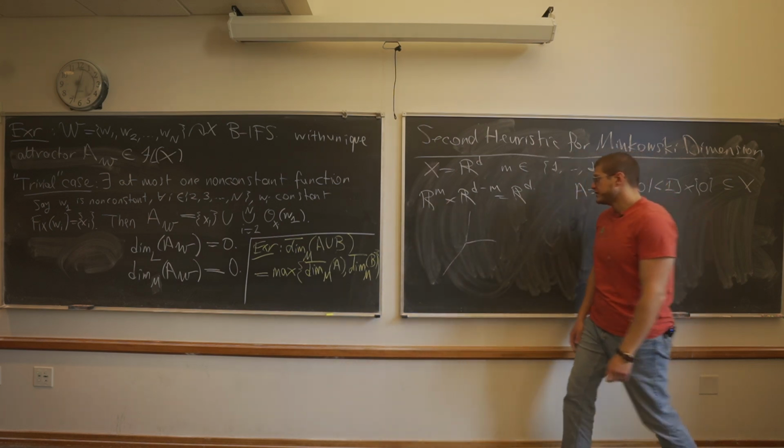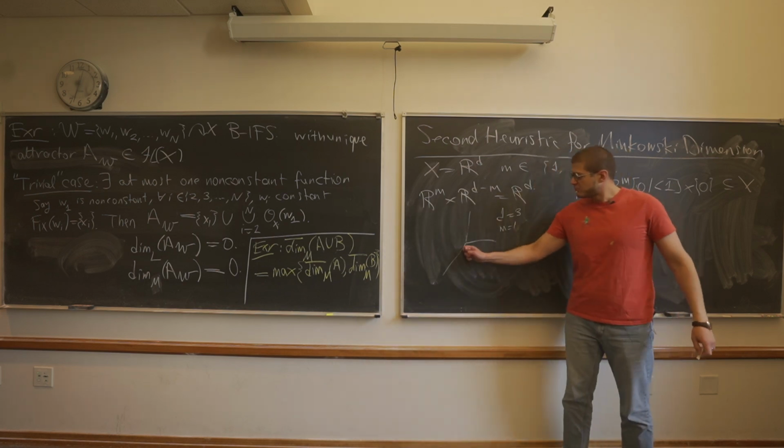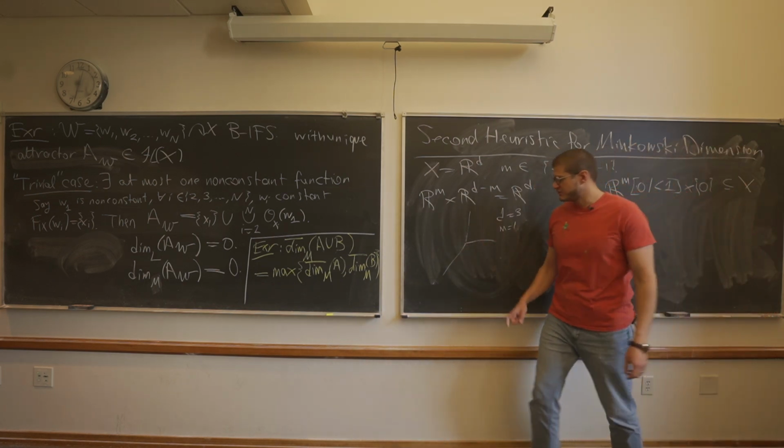So for instance, let's say D equals 3 and M equals 1, and let's say that R^1 is this piece. So my A is going to be just a line segment.